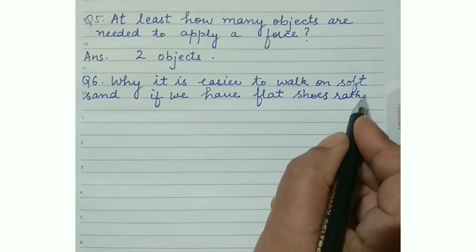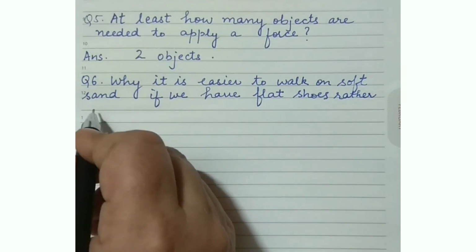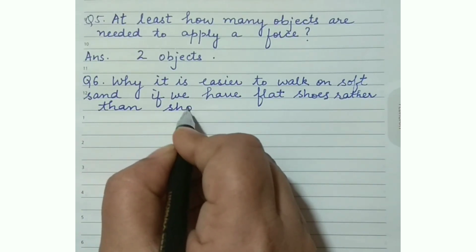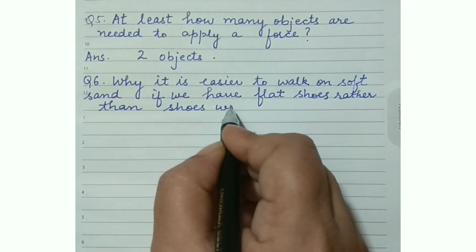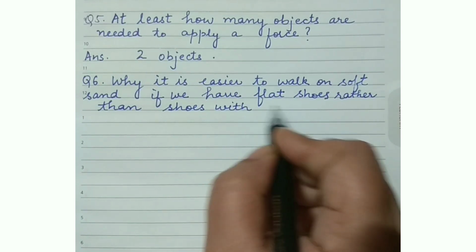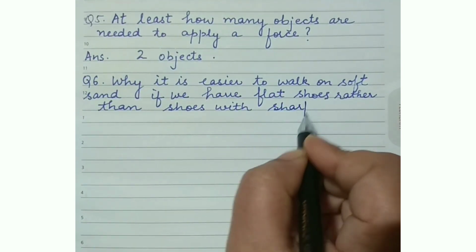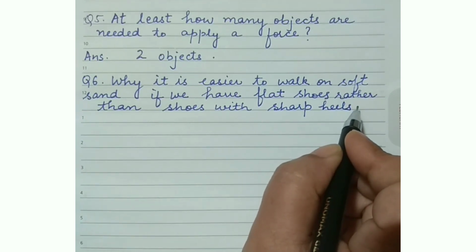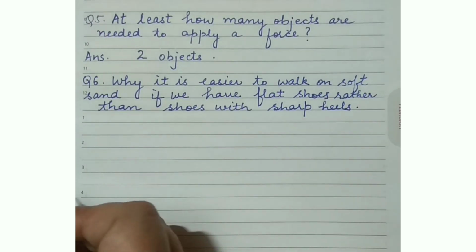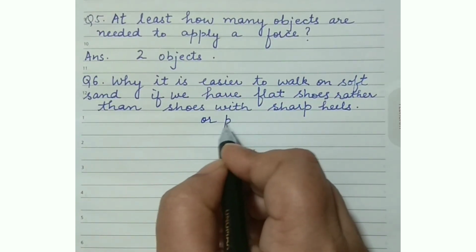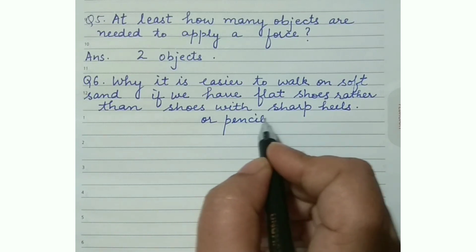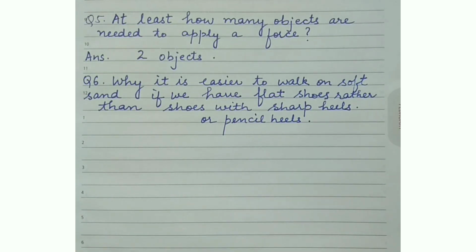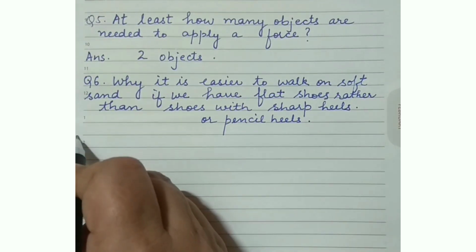Very important question and very easy answer. Why it is easier to walk on soft sand if we have flat shoes rather than shoes with sharp heels. Sharp heels, or you may say whether the shoes have pencil heels. So why it is easier to walk on soft sand with flat shoes?